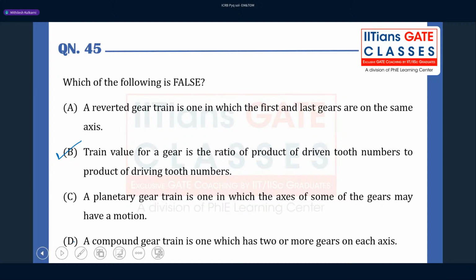Option C: the planetary gear train is one in which the axis of some of the gears may have motion. Yes, correct, because the planet gear rotates around the sun gear, so the axis of that gear is changing or in motion. And the last option: the compound gear train is one in which two or more gears are on each shaft. That is also correct.